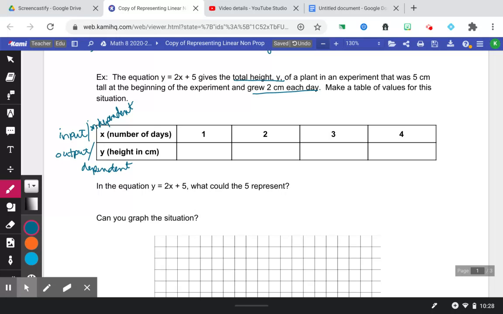If you don't know how many days have gone by, you cannot calculate the height of the plant. So the height depends on the number of days that have gone by.